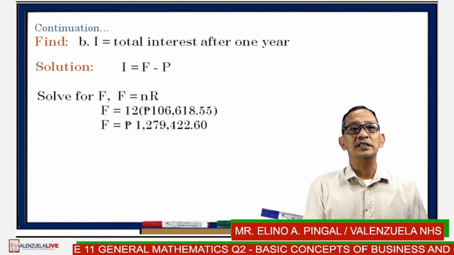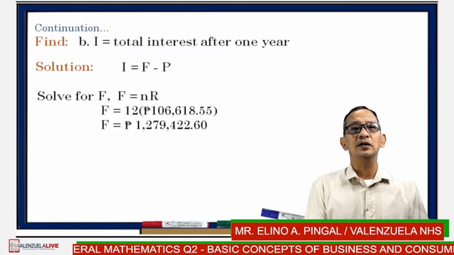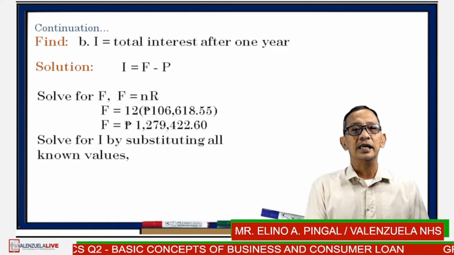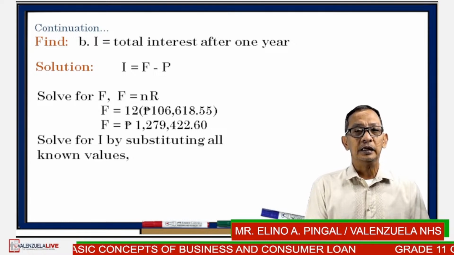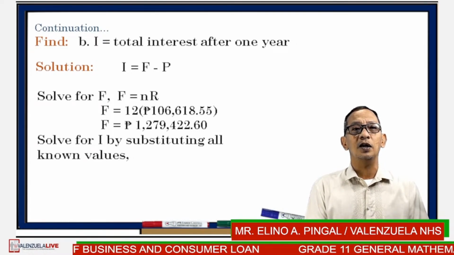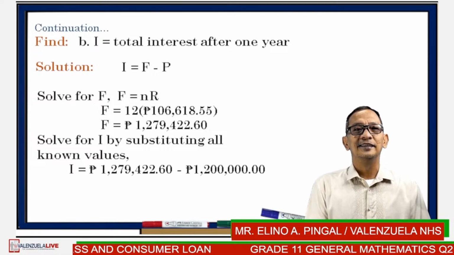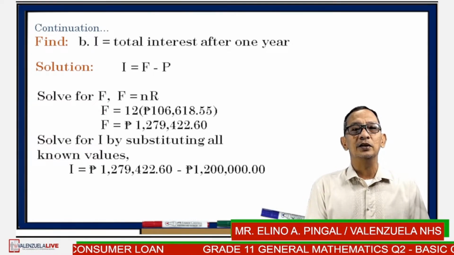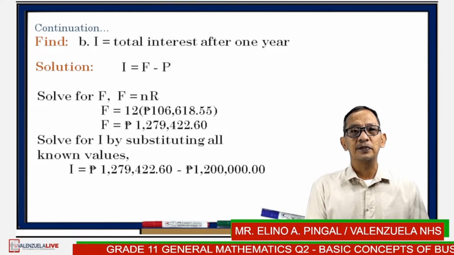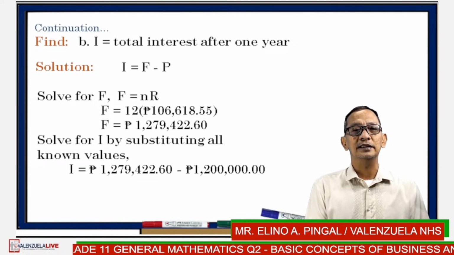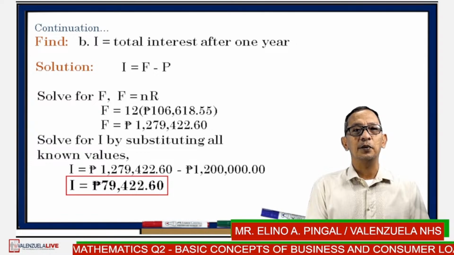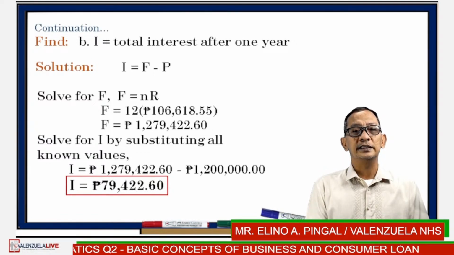F now is equal to 1,279,422.6. Now, knowing the value of F, we can solve for I, or the total interest, by substituting all the known values. So, I is equal to 1,279,422.6 minus 1,200,000. So, I is equal to 79,422.6.